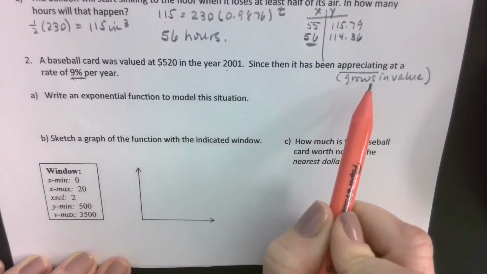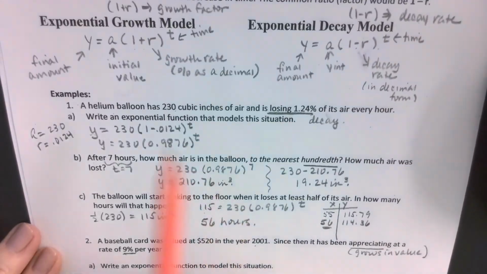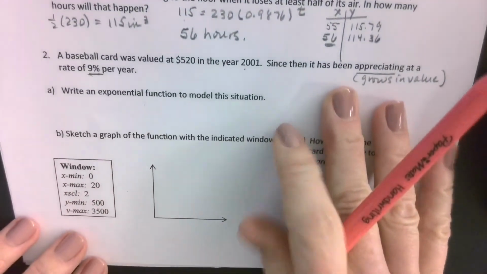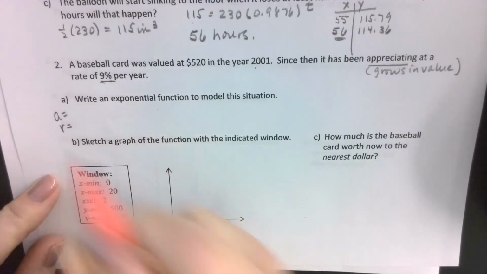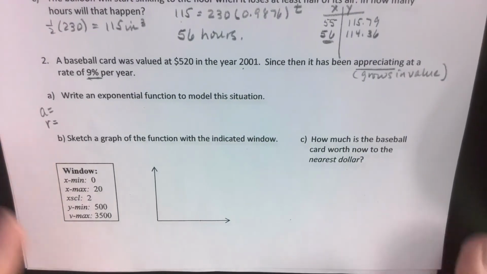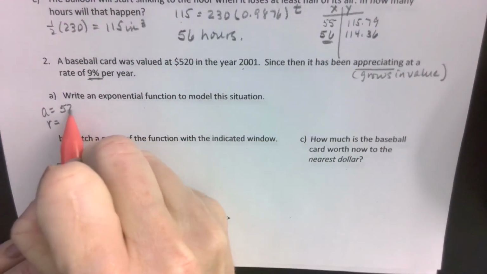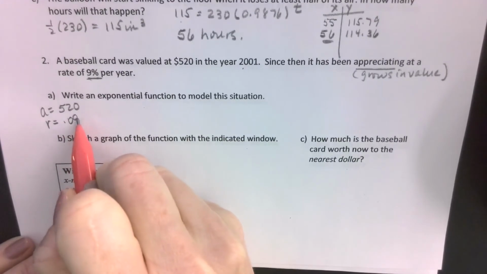So since we have exponential growth here, we're going to use the formula from before, y equals a times 1 plus r to the t. What is our a and what is our r? So the a is the initial value, which is 520. The r is the 9% as a decimal.